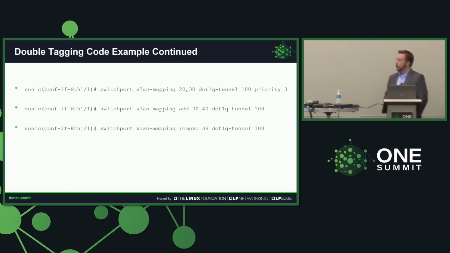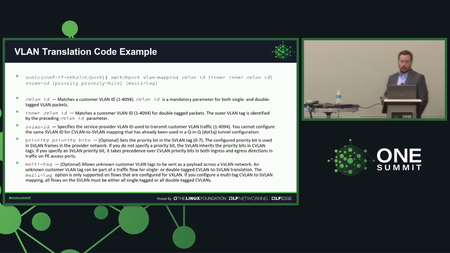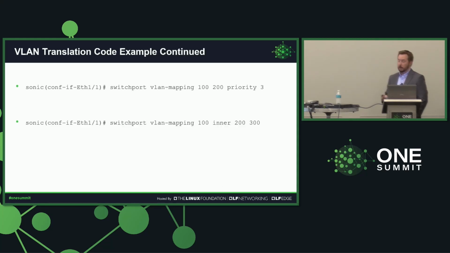Some practical examples for the same. VLAN translation also has a simple example and a simple command set that you can run through. So if you need to convert one VLAN ID, either the outer or the inner tag, from one number to the other, it's very simple to program that. And of course, some practical examples there.